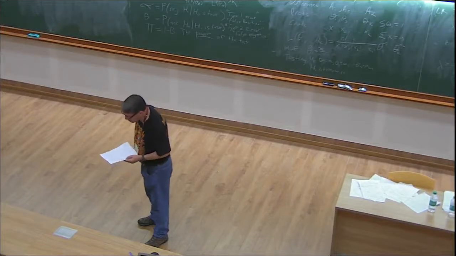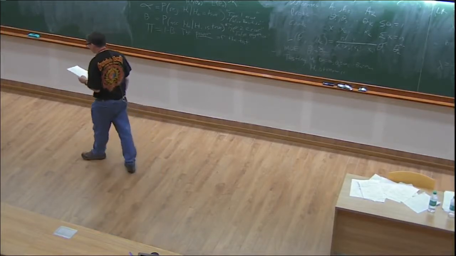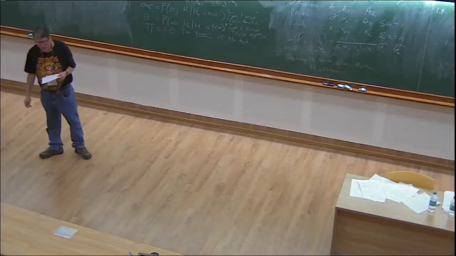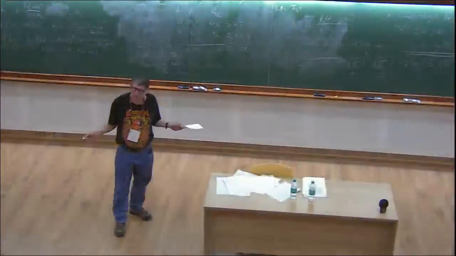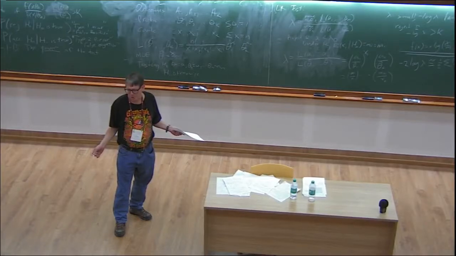The classical way to test is just what you said: you fix alpha at some level. A lot of times 0.05 is used. There's nothing sacred about that. That's really about the worst result you could have and not have people laugh at you.